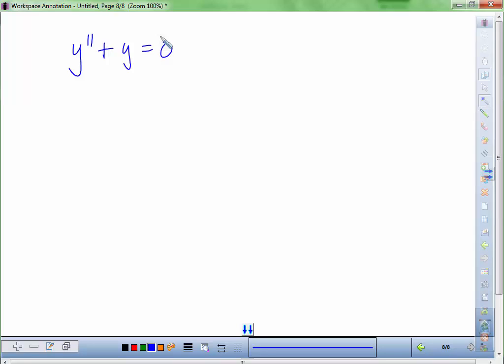Is e to the x a solution to this? Now, if I take the derivative twice, I get e to the x, and that's not equal to 0. Is sine x the solution to this?